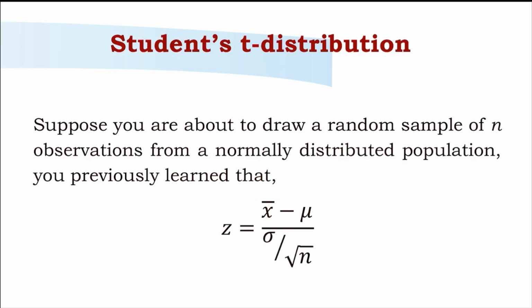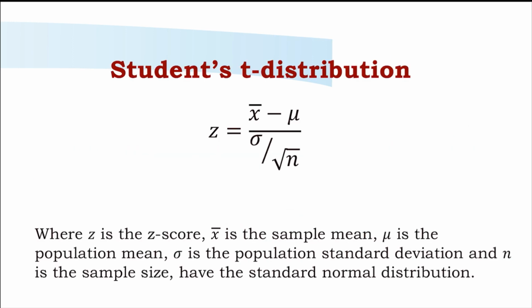Suppose you are about to draw a random sample of n observations from a normally distributed population. You previously learned that z is equal to sample mean minus mu over sigma over square root of n, where z is the z-score, x bar is the sample mean, mu is the population mean, sigma is the population standard deviation, and n is the sample size, have the standard normal distribution.